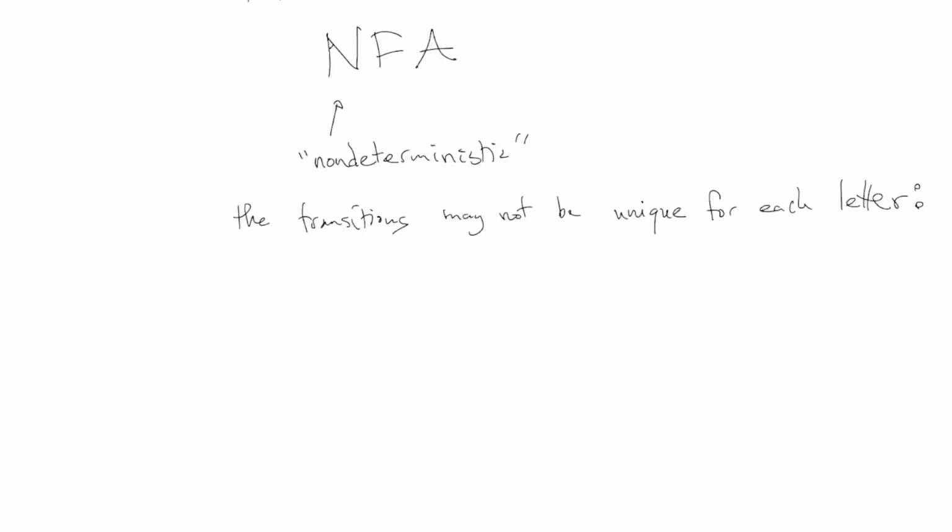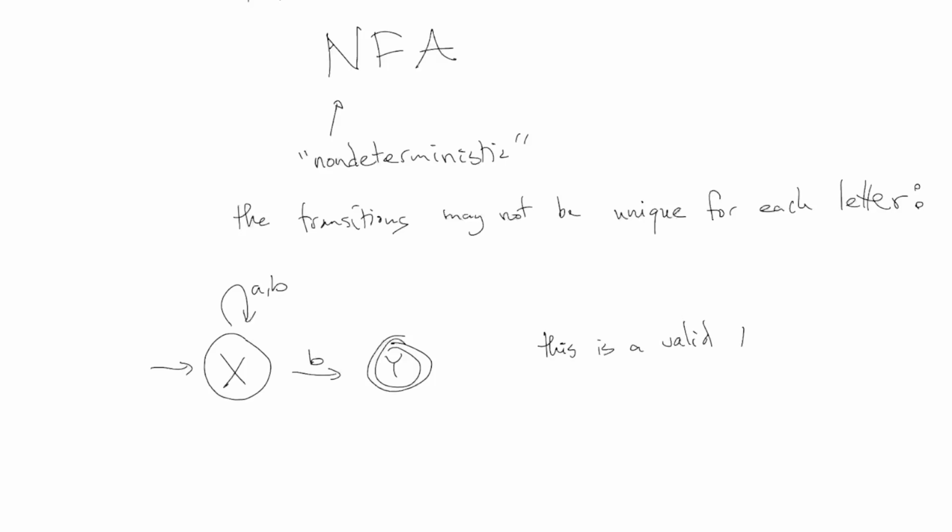What do I mean by that? For example, this is a legal NFA. It's not legal as a DFA though. This is an NFA which is illegal as a DFA because X has two outgoing B arrows, and that's not allowed for a DFA. But this is a valid NFA.